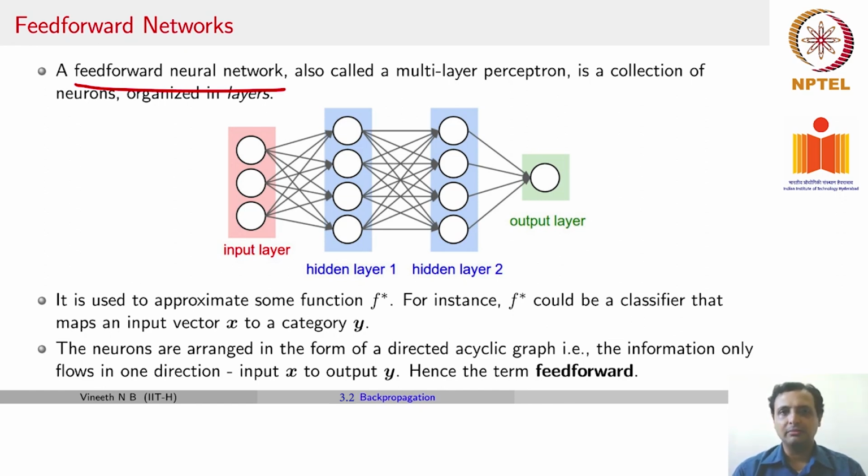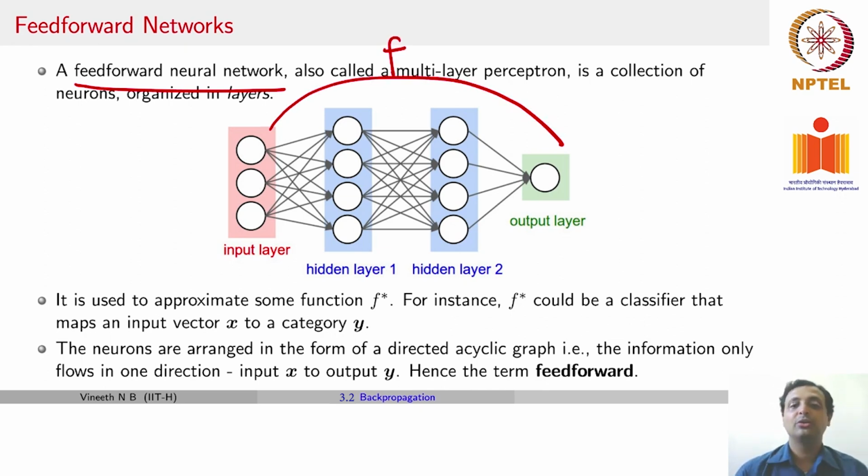Obviously, at the end of the day, a feed-forward neural network, or a multilayer perceptron, is approximating a function that takes you from input to output. So whatever function you're approximating can be better approximated perhaps if you have more hidden layers if that function is complex.